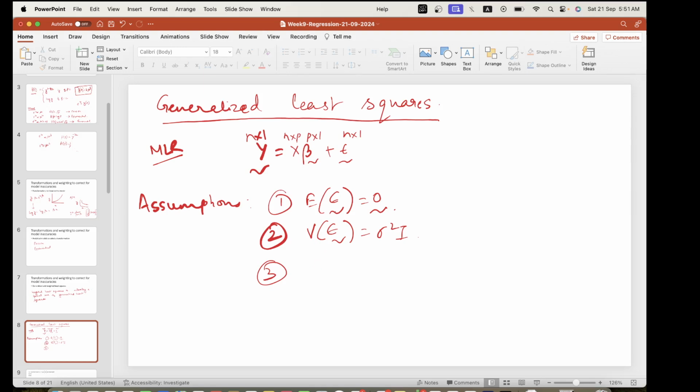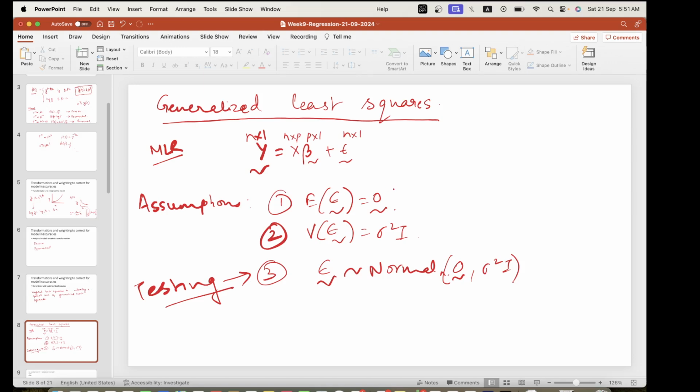So these were the main assumptions, and if we went ahead for testing, then we took this hypothesis that epsilon followed a normal distribution with 0 and sigma square I. So this assumption came specifically when we went ahead for testing.